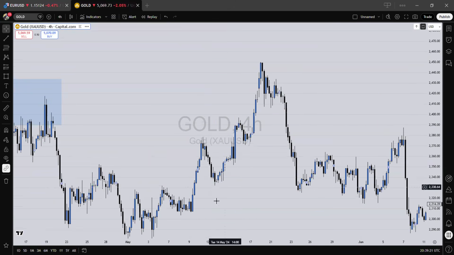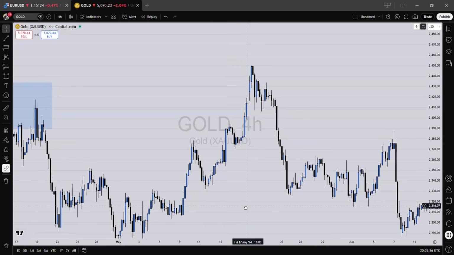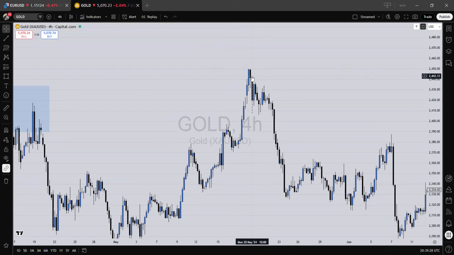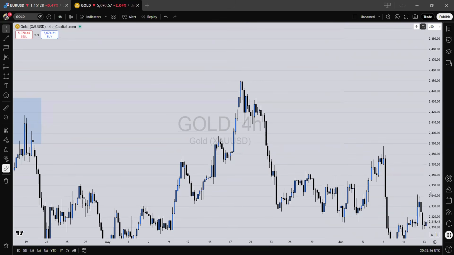Let's see what happens at 24. Look at this. This next retracement happens from 2250. Did it reach 250? Let's check.